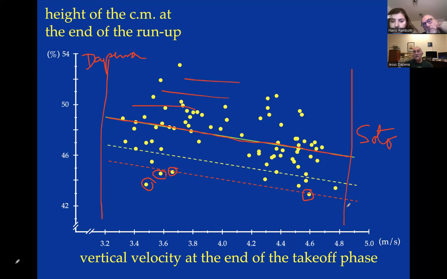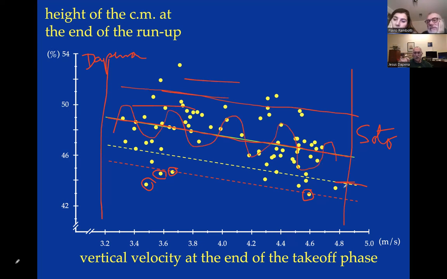I give them this other line, a different target. So this is one standard deviation below the average. And one standard deviation will hold about 2/3 of all high jumpers.